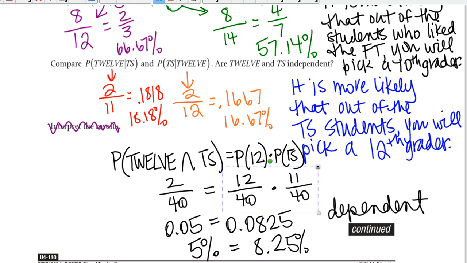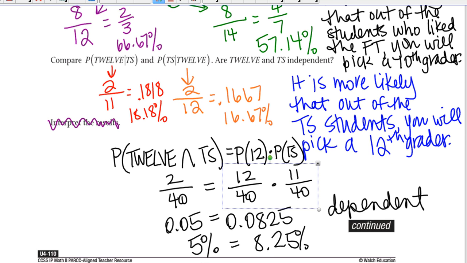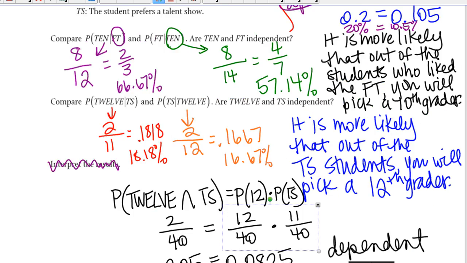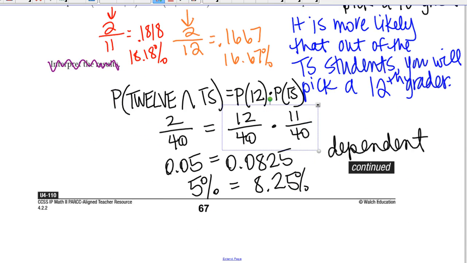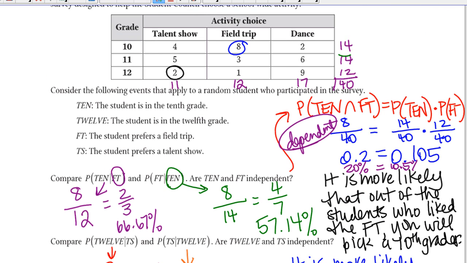Okay. They are not independent. So in this case, if you notice, the number of 12th graders that liked the talent show was pretty low. So the probability of getting a 12th grader and the talent show is dependent on each other. Okay. All right.